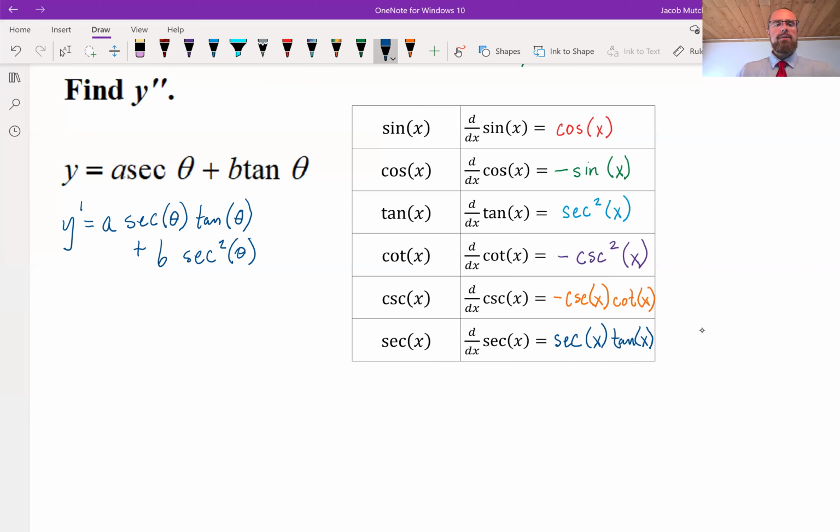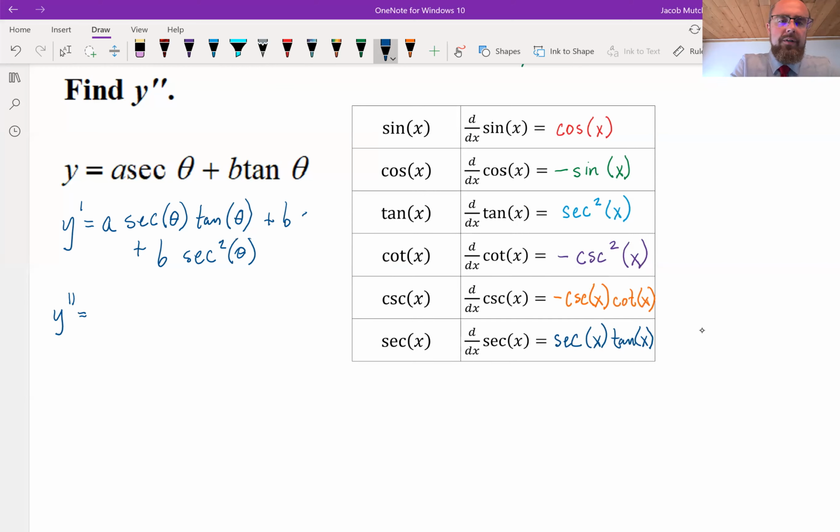That's good as is. So then I want to apply the second derivative. I'll take the derivative of my first derivative to get y double prime. But what I've got really is a set of two products. So I'm going to make some room here.